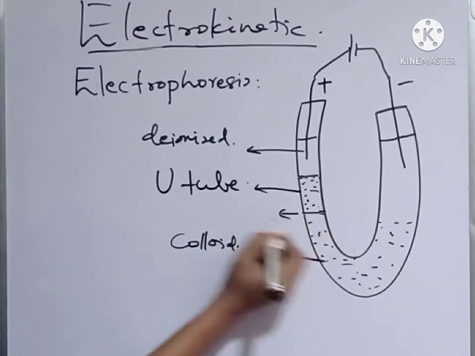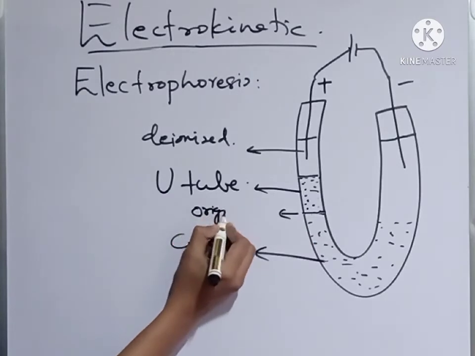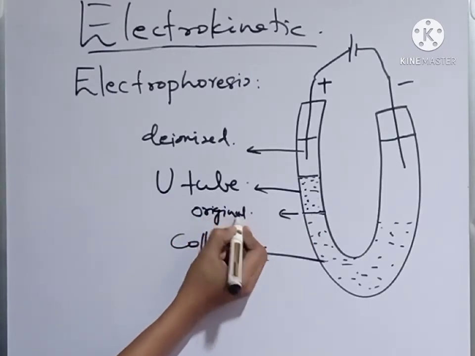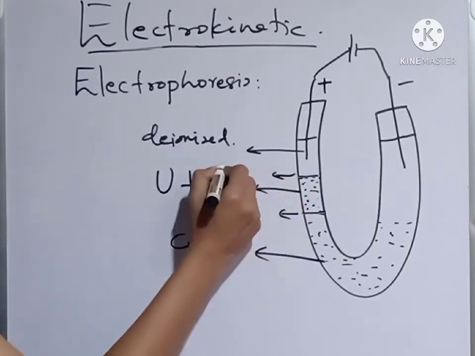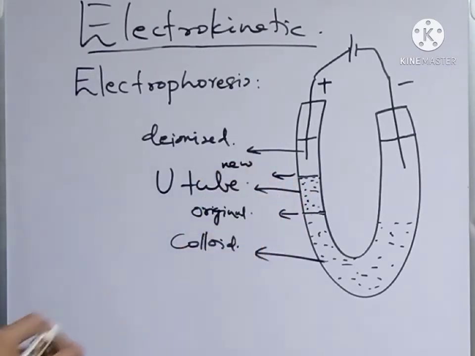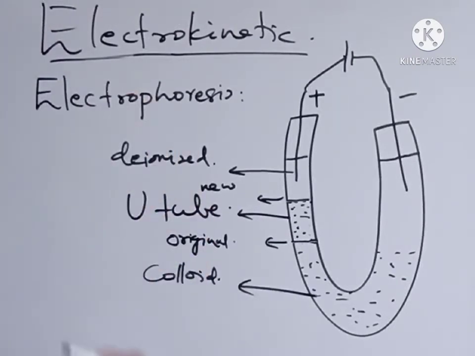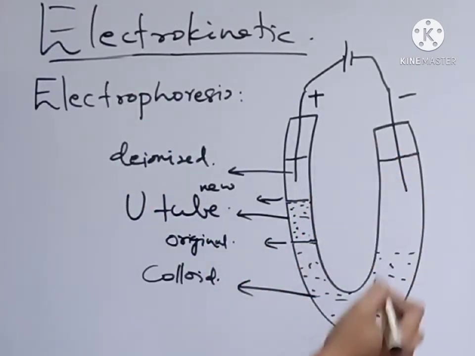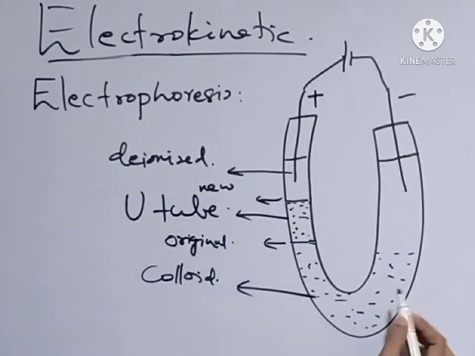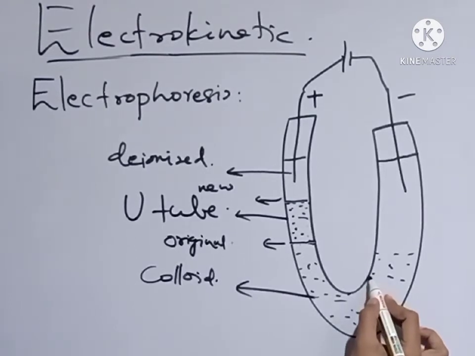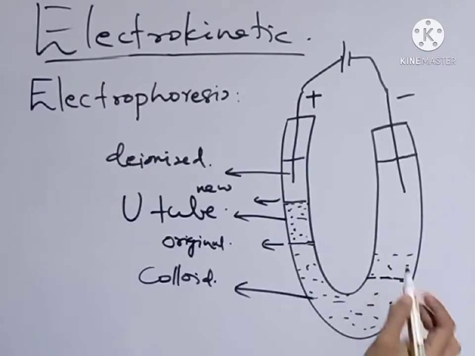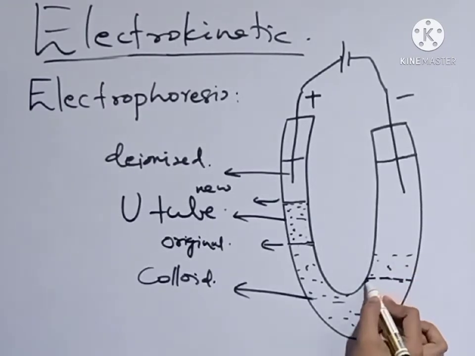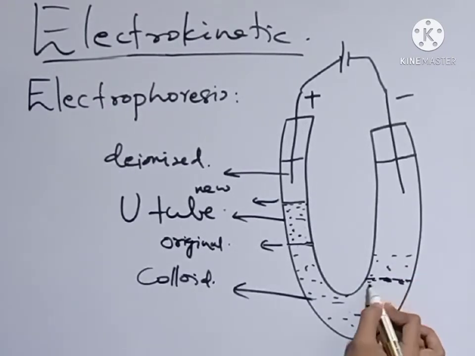This is the original colloidal level, and this is the new colloidal level. Proportionally, the colloidal level in the negative electrode region will lower. So this level will be lowered.